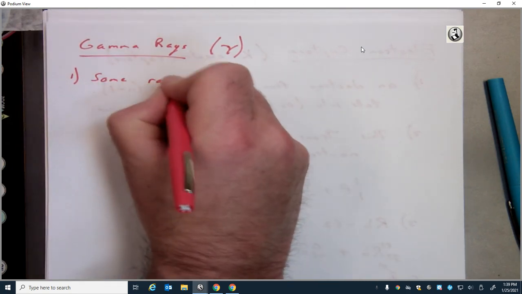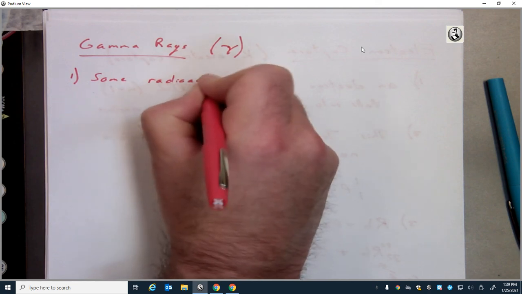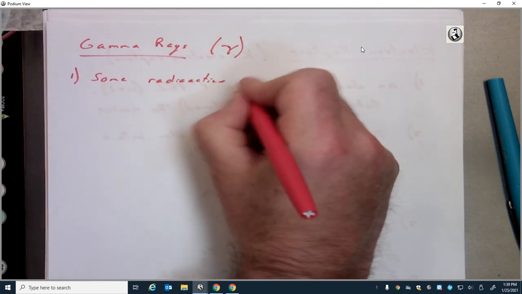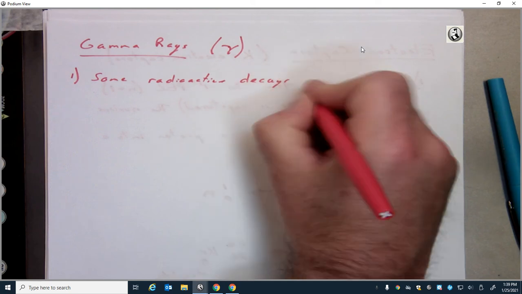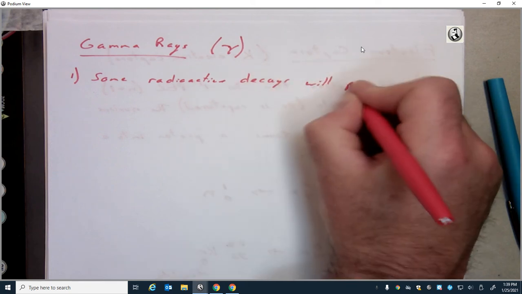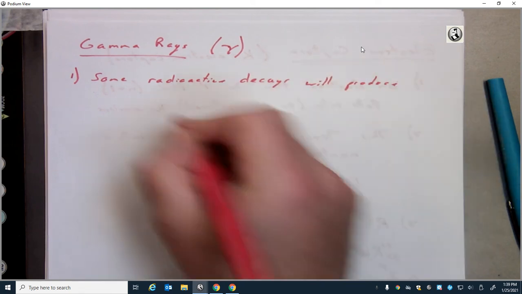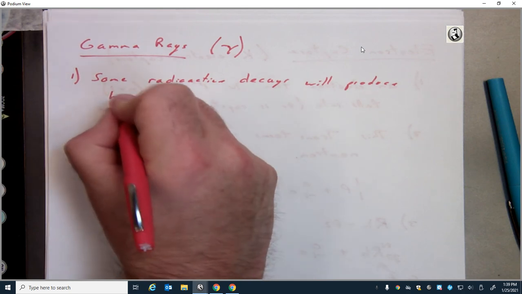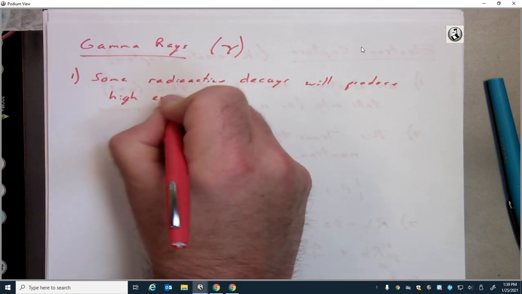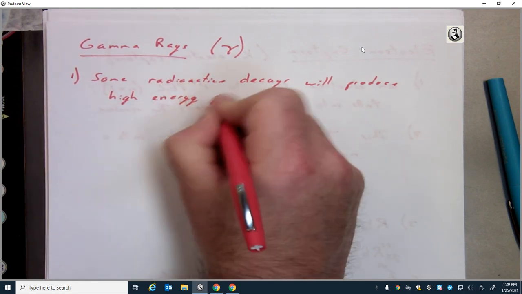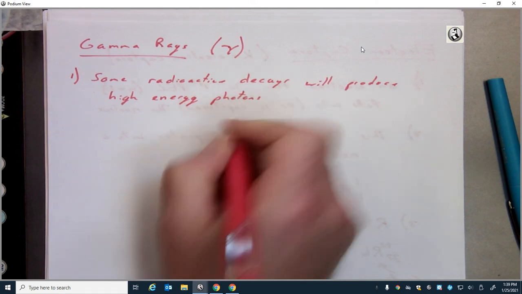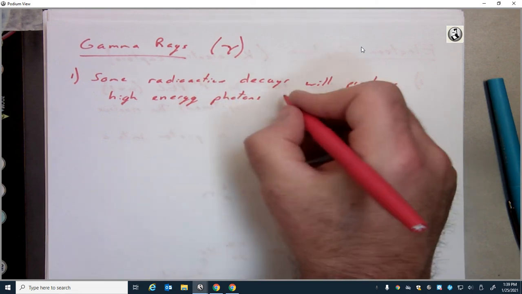Some radioactive decays will produce high energy photons called gamma particles.